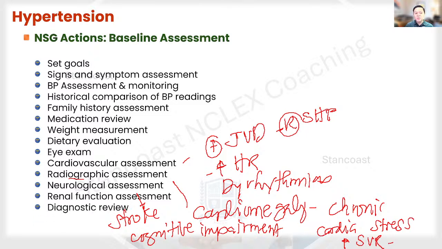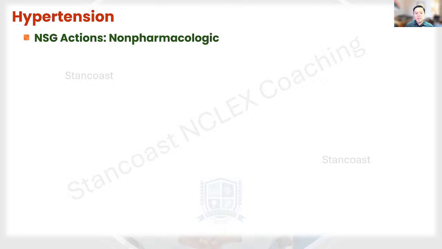So I hope that you're able to capture those important concepts just in the assessment phase. Now let's go into the non-pharmacologic interventions for the hypertension. Non-pharmacologic interventions will include weight management. This is very important. Make sure that this is going to be set with you and the patient, that there will be realistic goal setting.